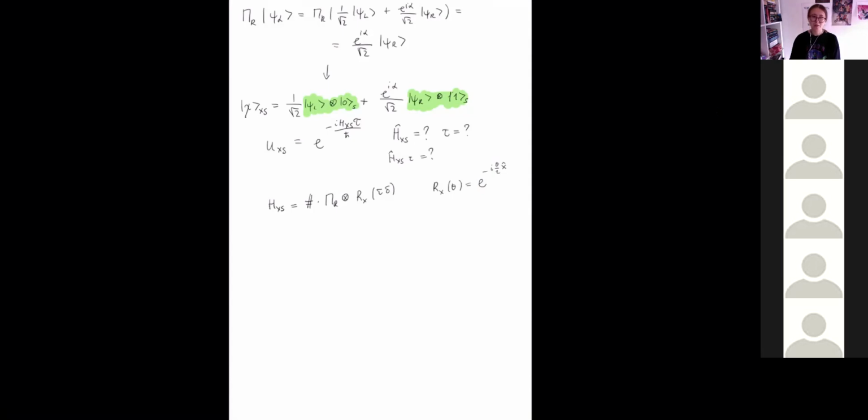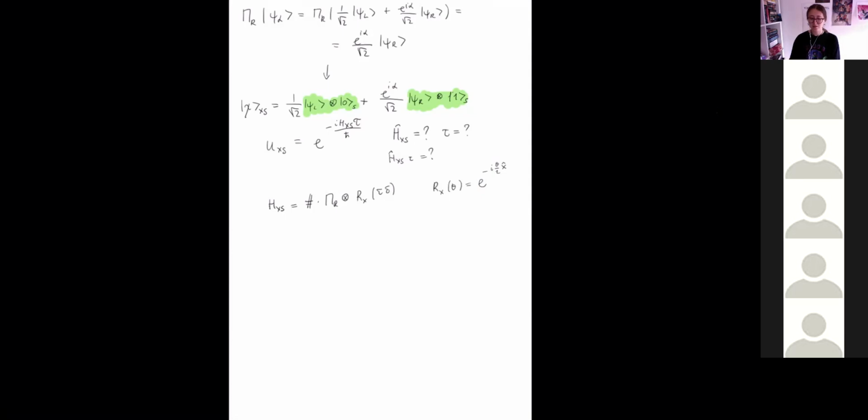Since we don't care about what happens when it goes through the left slit, we can leave it out in the Hamiltonian. And the Hamiltonian would then just correspond to the action which we do in case the electron goes through the right slit, hence the pi_R projector acting on the first system.